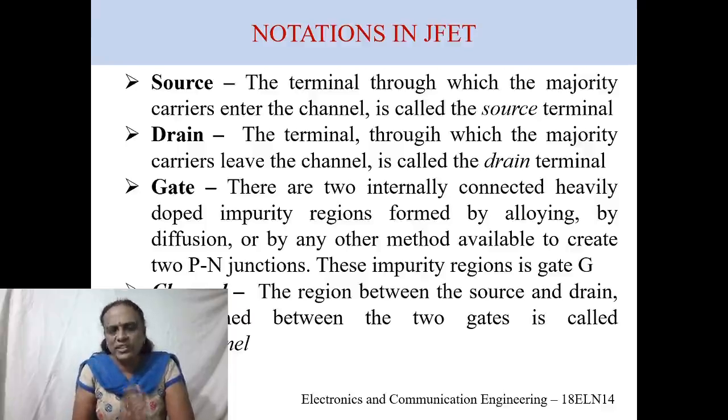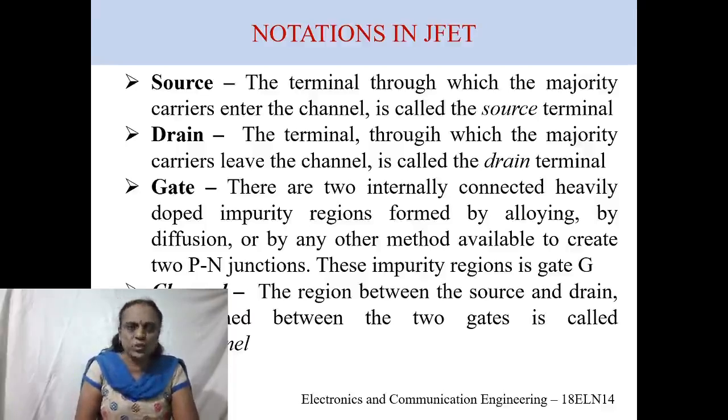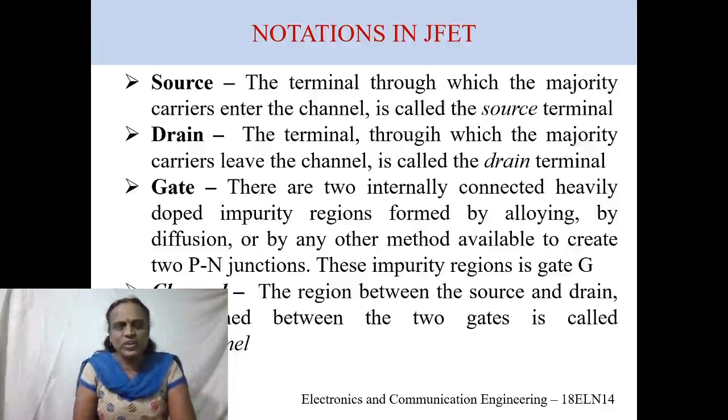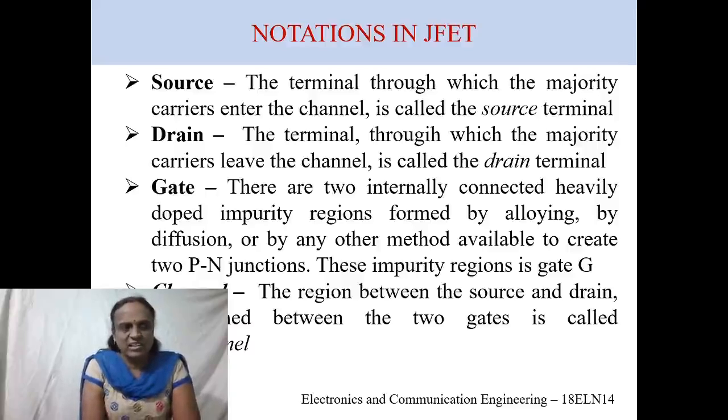When the voltage is applied between the source and the gate, that particular voltage is called V suffix GS. Okay, and it decides whether the PN junction is forward biased or reverse biased. Conventionally here the current is entering into the channel at G and is designated as IG. Hence it is called the gate current.